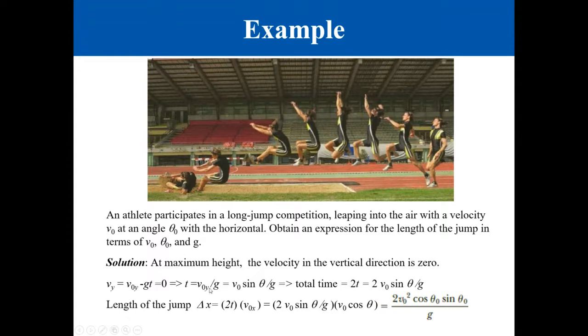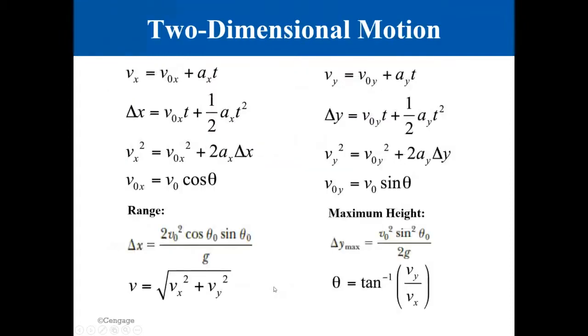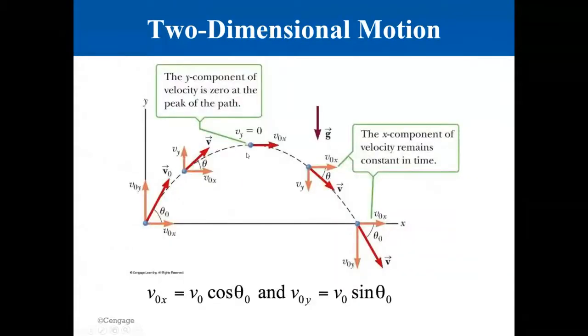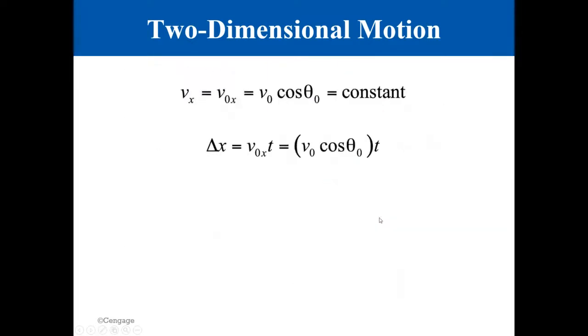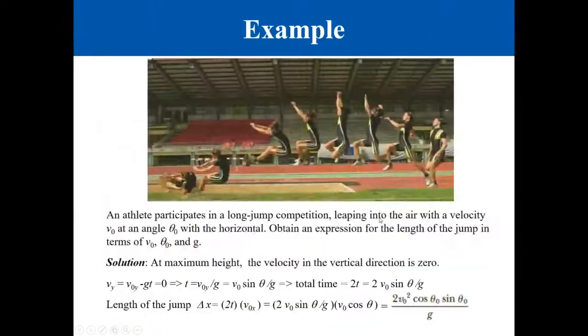T equals V naught y divided by g, and V naught y is V naught sine theta. Maximum height here means half the trajectory. So the time needed to reach maximum height is t. The time needed for the full path is 2t. So the total time, 2t, is 2 V naught sine theta over g.